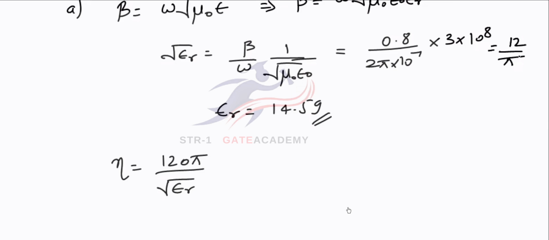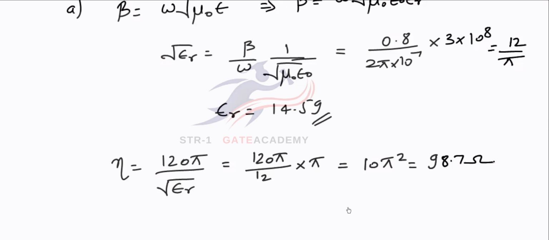So if you substitute 12 by pi, it's 120 pi divided by 12 by pi. So it's 10 into pi square, which comes out to be 98.7 ohms. This is the intrinsic impedance for this medium. So part A is over.